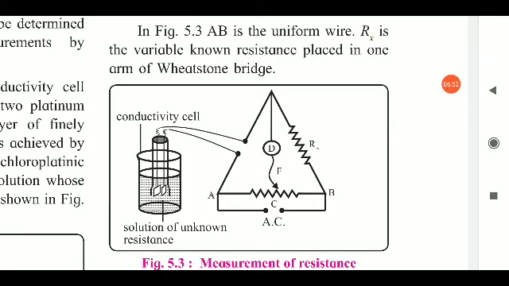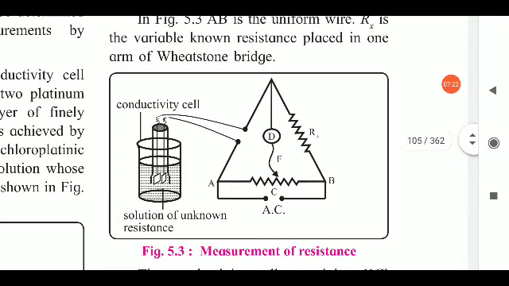And students, if you look at this triangular arrangement of resistance, you will notice that this part is divided into 2 compartments. One of the compartments has the resistance of the unknown solution, meaning the 2 connections which are connected to the conductivity cell, and the other part is the length of wire AC.